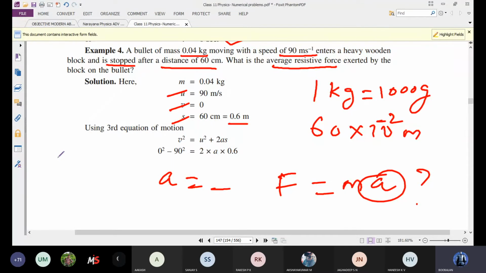90 square, ma. 90 into 90 divided by 1.2, 6750 meter per second square.